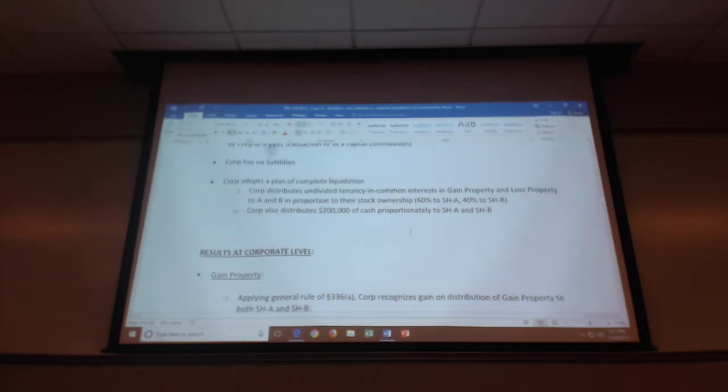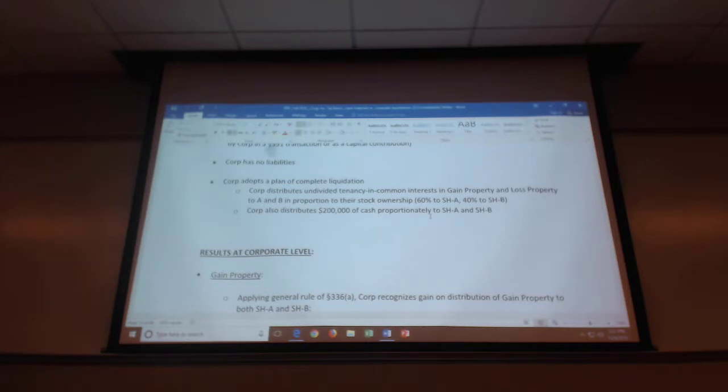The corporation adopts a plan of liquidation. It distributes the properties to the shareholders as tenants in common. That's just a legal term to mean that each shareholder gets an undivided percentage ownership interest in the property. Typically, that's with real estate. It would mean that shareholder A would have a 60% direct interest in the property, and shareholder B would have a 40%.